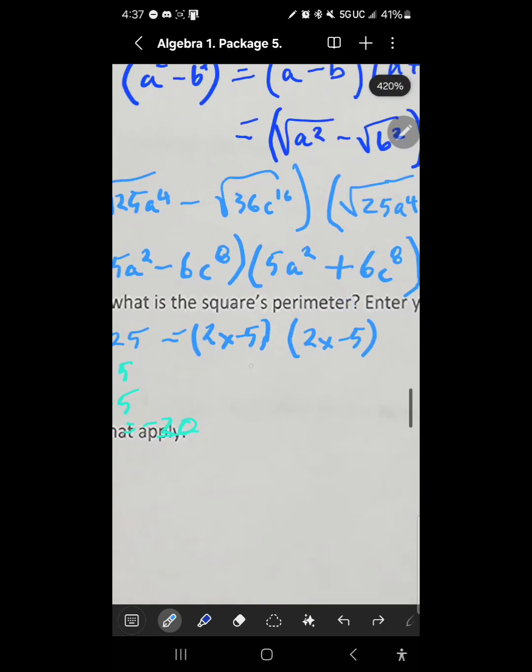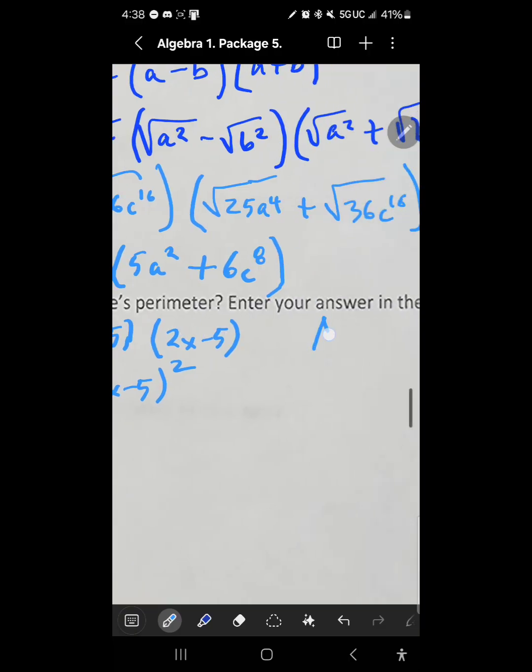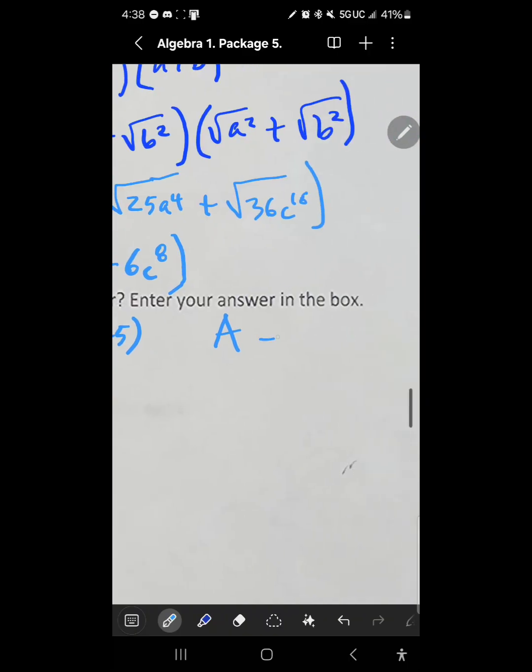And we got this. Now, you see this is the same, so we could write it as 2x minus 5 squared, because we are multiplying the same thing twice. So it's the same as 2x minus 5 squared. Now, as you know, the formula for the area of a square is a square.